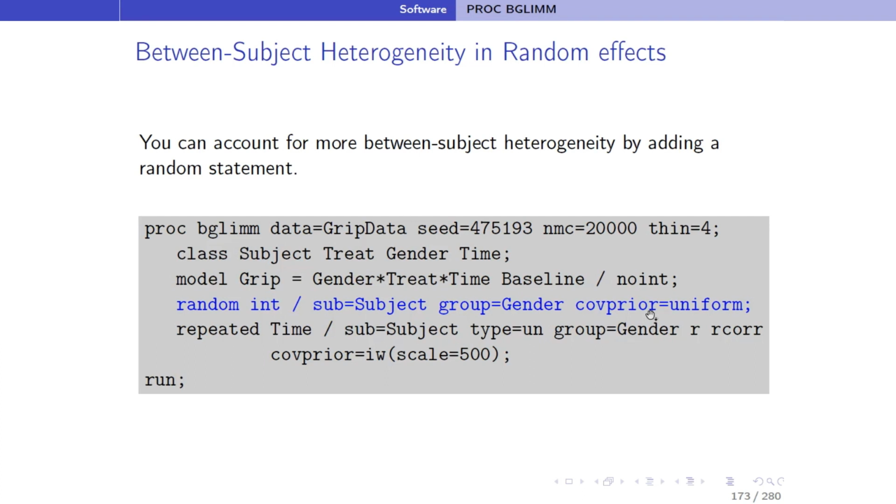But BGLIMM enables you to do these things with ease by exploring different complexity of a generalized linear mixed effects model by adding bits of things, and you don't have to take much of the computation burden into consideration.